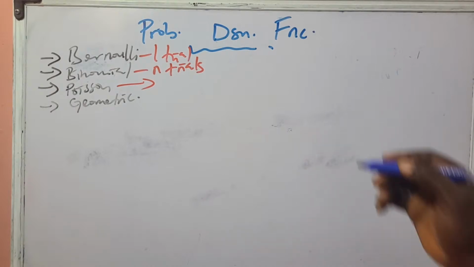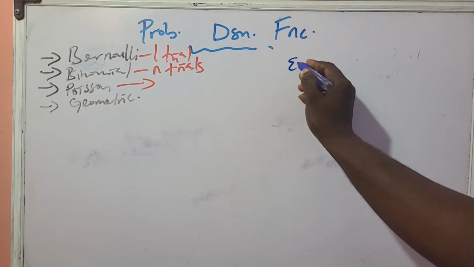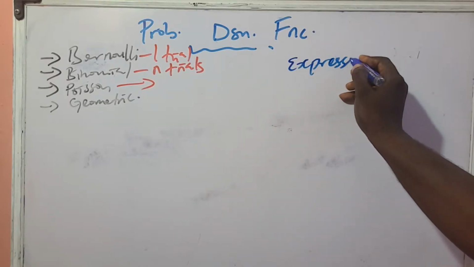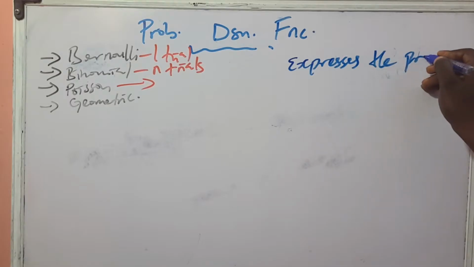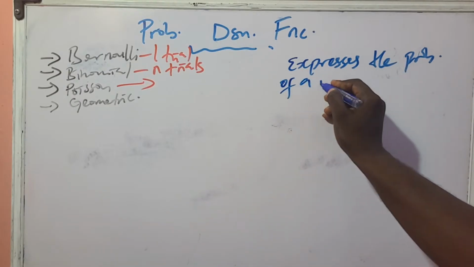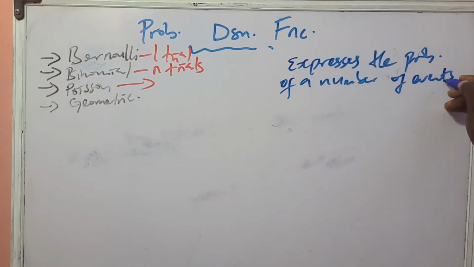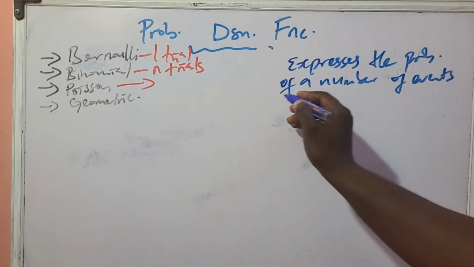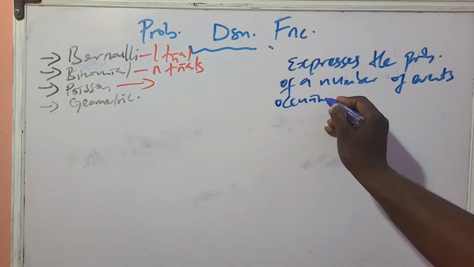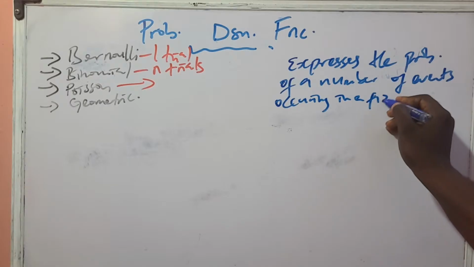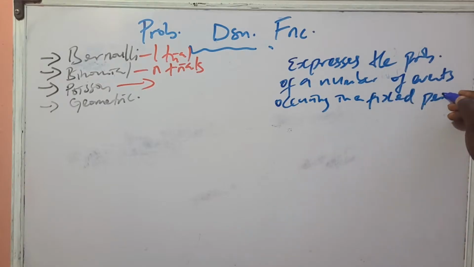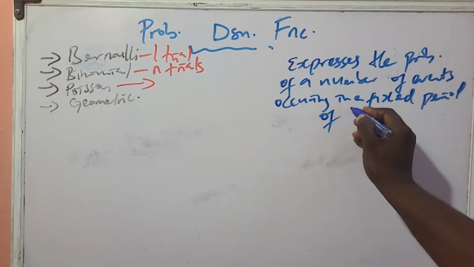We said probability, we said it expresses a probability of a number of events occurring in a fixed period of time.